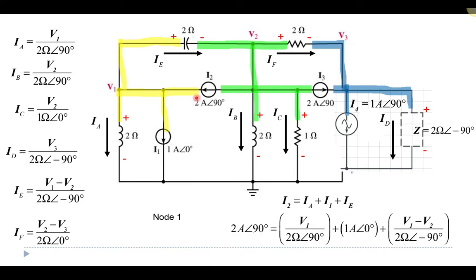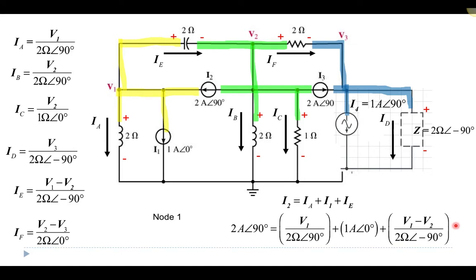So I know the current I2 is 2 amps, phase angle of 90. I know the current through the 2 ohm inductor here, I've written down as V1 over 2 ohms, phase angle of 90. I know the current I1 exiting is 1 amp, phase angle of 0, and then the current IE I have written down here, and I have plugged that value in.